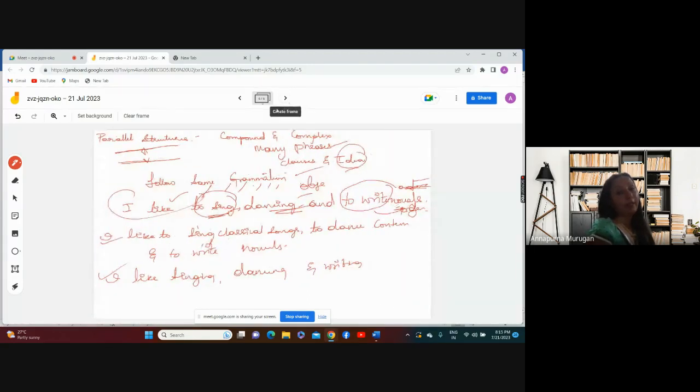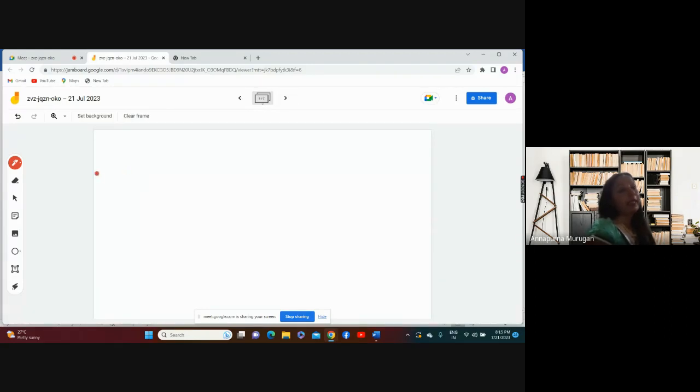Okay, so parallel structures we have, and then you need to make sure that you are not going to use wordiness. Wordy means, when you're talking, if you want to state something, you need to tell directly.